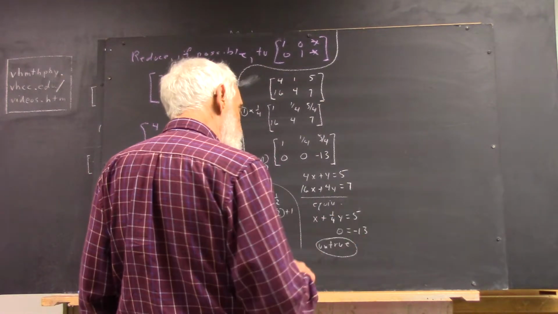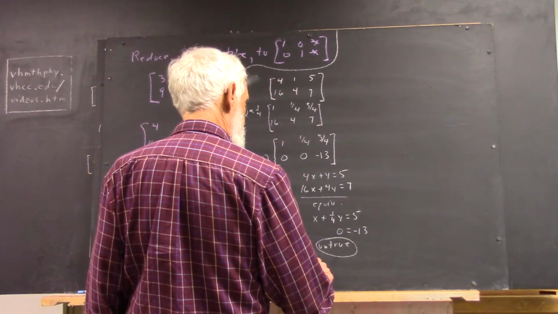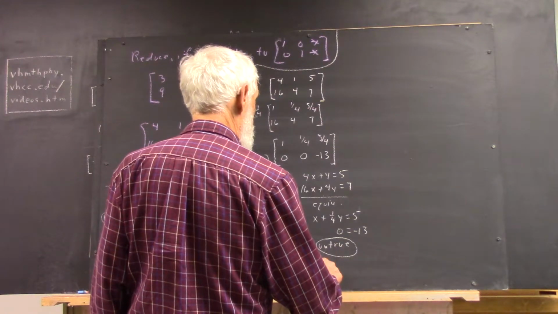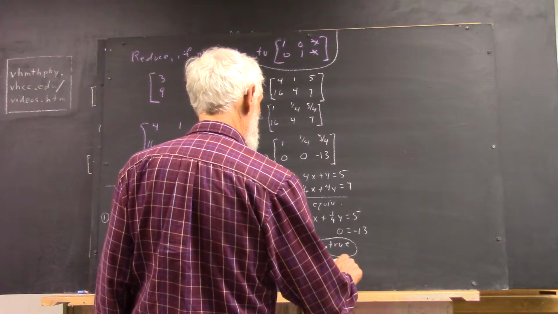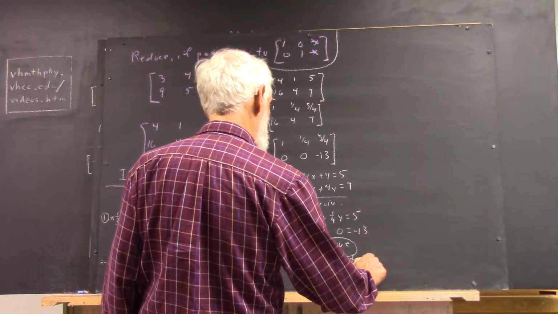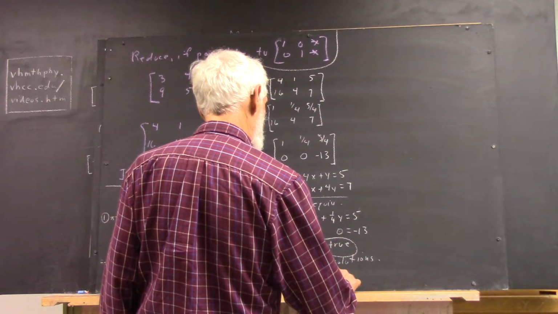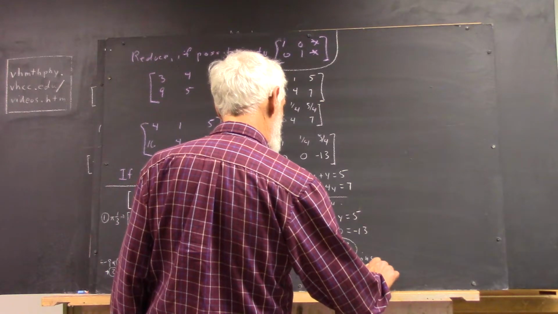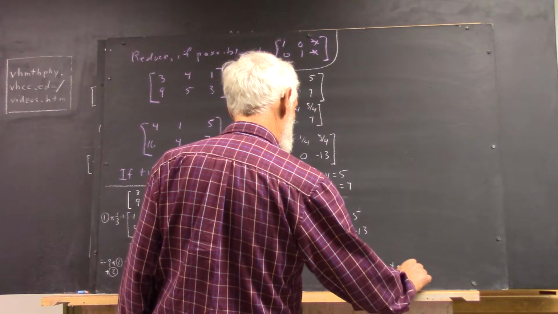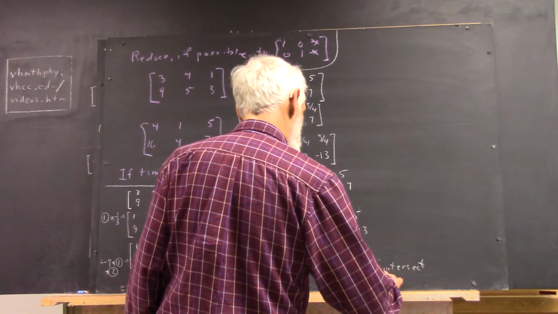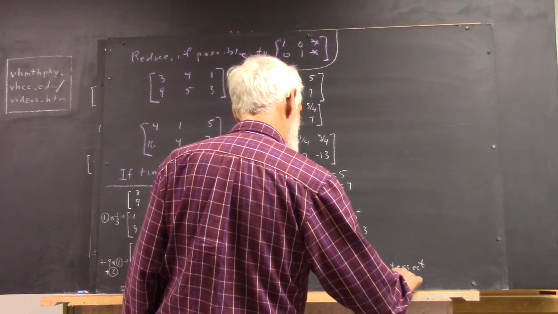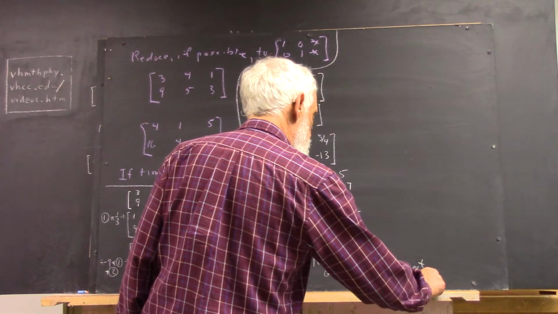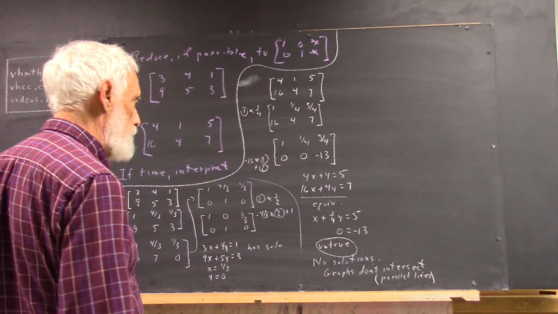Now, that means, well, it just means that there are no solutions. The graphs don't intersect. Parallel lines with different intercepts, and we've already talked about that.